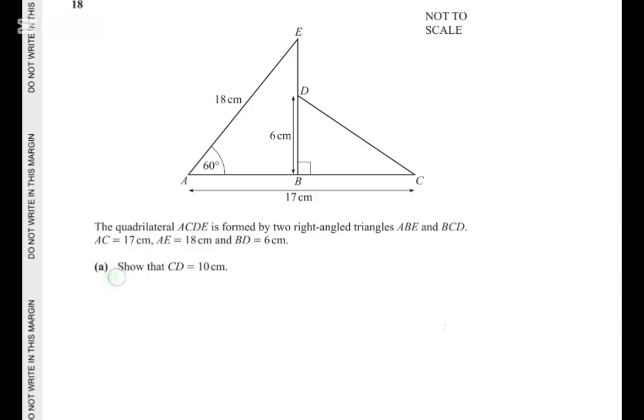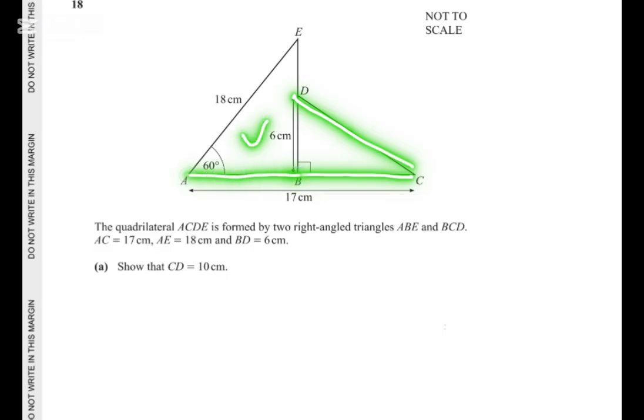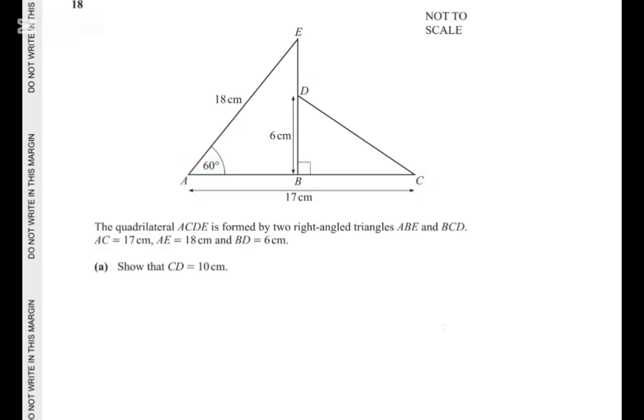Question A: show that CD is equal to 10 centimeters. We need to find that this side is 10 centimeters. To find this side, we should know this side also. For that, we have to find AB using this triangle. In triangle ABE, we know the hypotenuse and we know the angle.